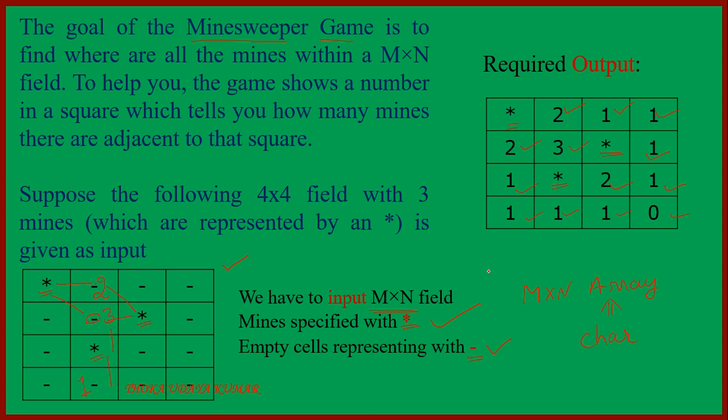And whenever we want to put values like this in this array, we have to have a new array. So let us take one array A to represent the input matrix or input grid, and array B to represent the output grid.